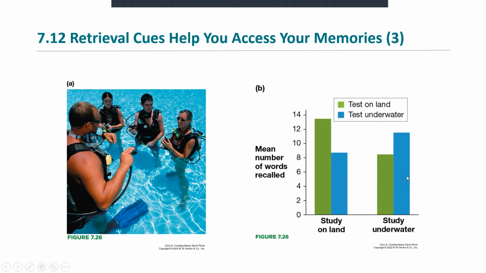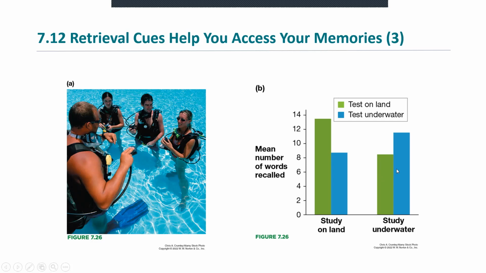The other half of the subjects studied the list of words while they were underwater. And then the blue bars, if they were tested while underwater, they scored about 11 or 12 correct. But if they were then tested on land, this green bar on the right, they only got about 8 or 9 correct.